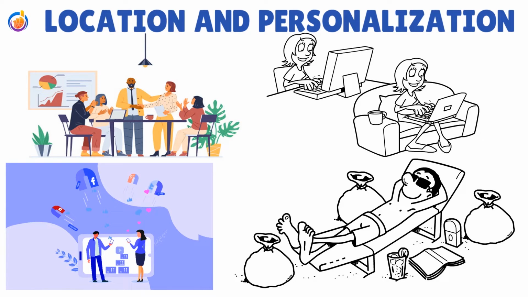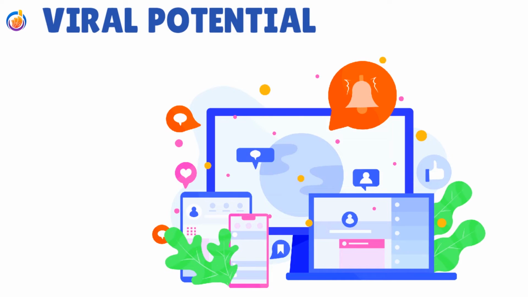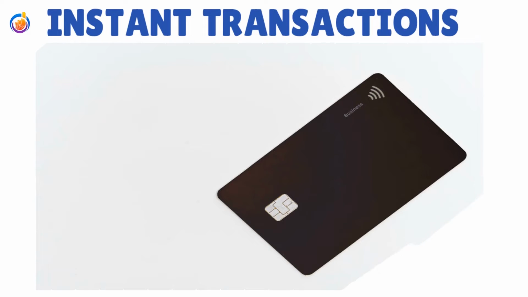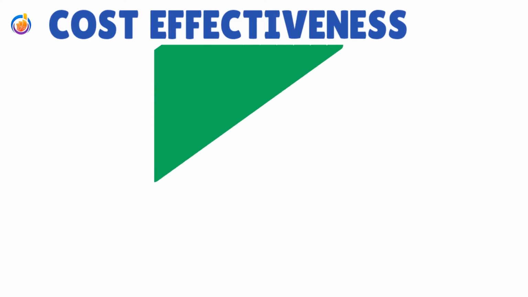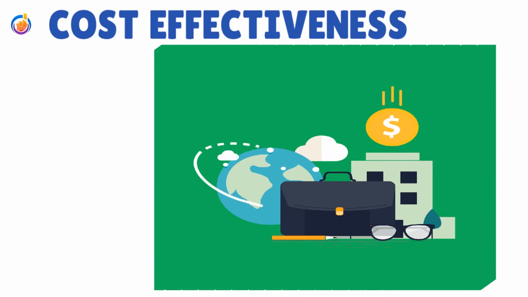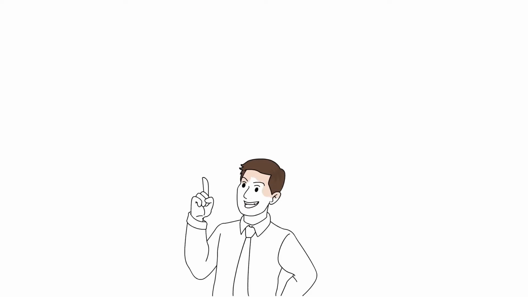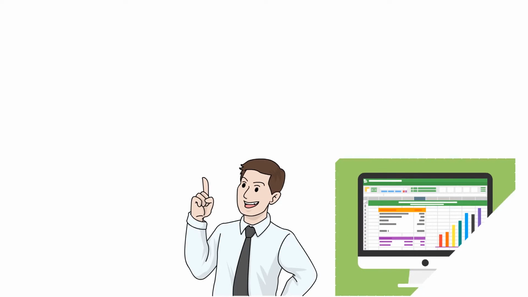And the good thing about Braze, in our view, is the viral potential. You are able to actually go viral with the right type of content. You have instant transactions through the Braze platform, and you also have what we call cost effectiveness. So basically, Braze has a constellation of very sophisticated tools and processes that, in the end, bring down your cost and actually increase your ROI.